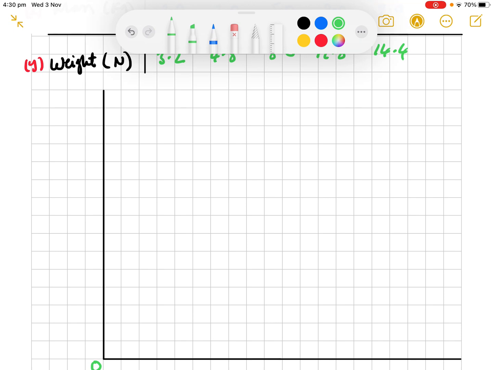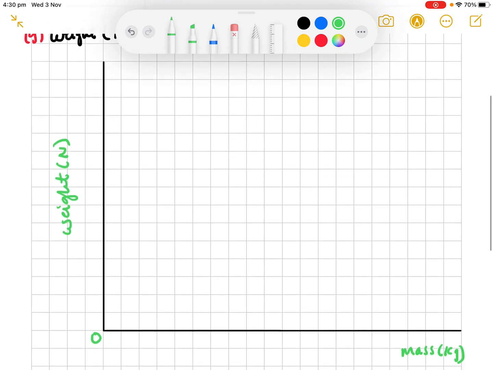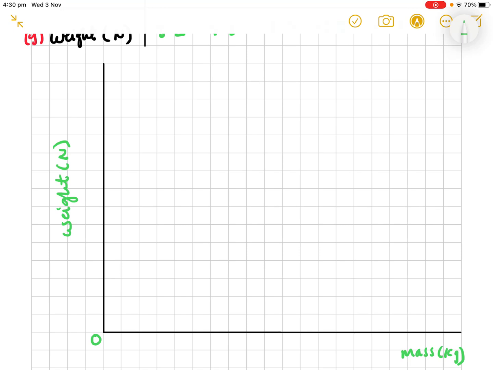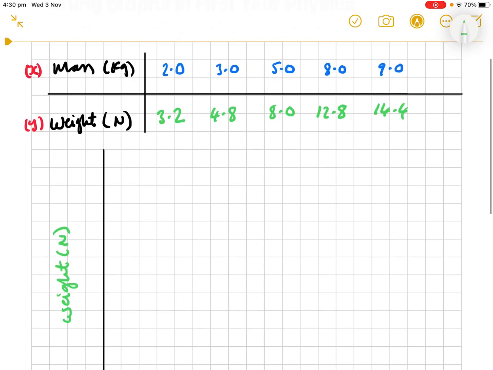On the y-axis, I'm plotting weight. I'm just going to write it sideways. And that's in newtons. Okay, so I now have my axes both drawn. They're both labelled, mass on the x-axis in kilograms with its unit kilograms, and weight in newtons on the y-axis.